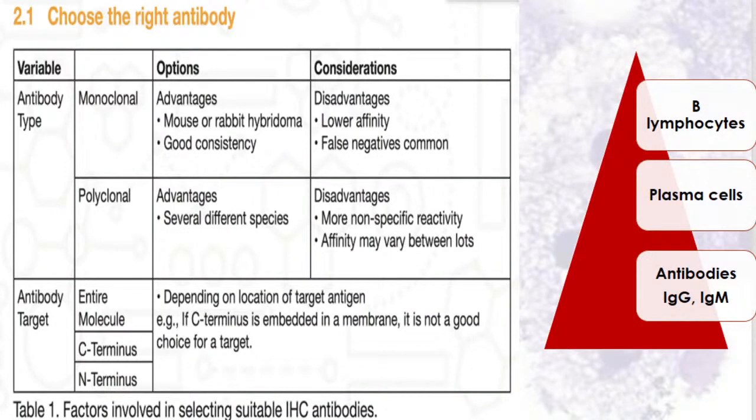Okay, what does immunohistochemistry mean? The first word, immune, means B lymphocytes, specialized lymphatic tissue cells, provide production of plasma cells, and plasma cells produce antibodies, maybe immunoglobulins, G immunoglobulins for example.